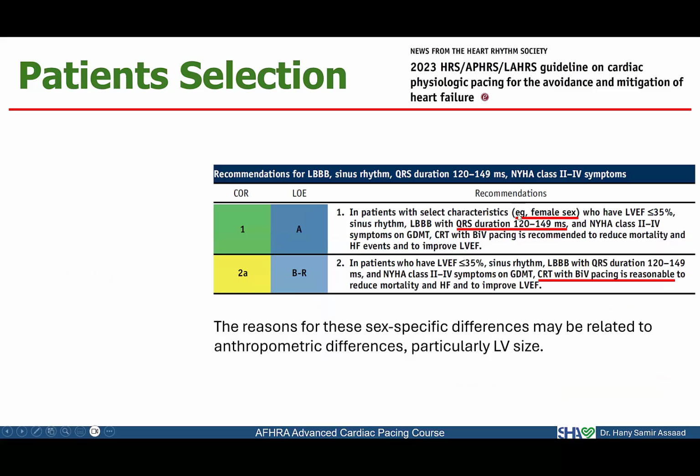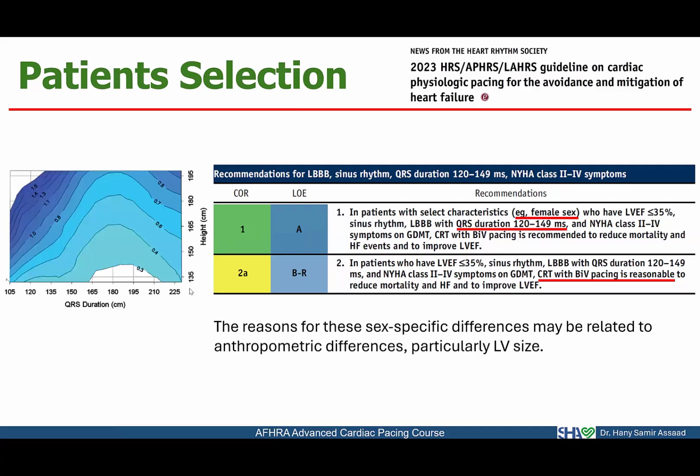For example, female patients with a less wide duration of QRS, 120 to 149, so less than 150 milliseconds, if they have a left bundle morphology, they still have a class 1A indication for CRT biventricular pacing. And the idea here is because we know that the female gender has better response to CRT.